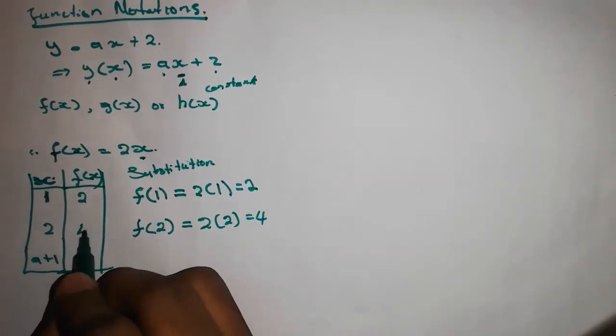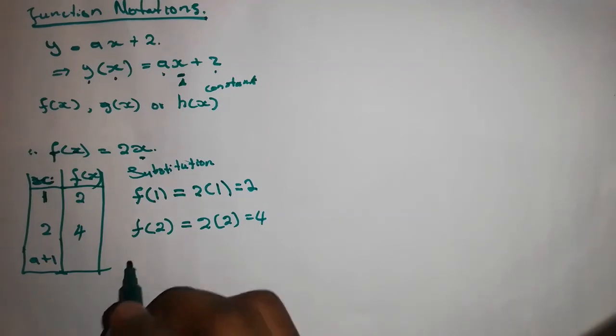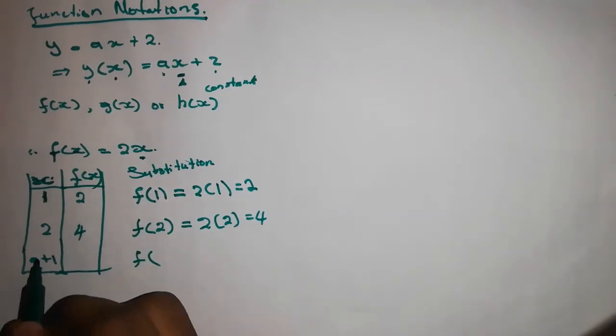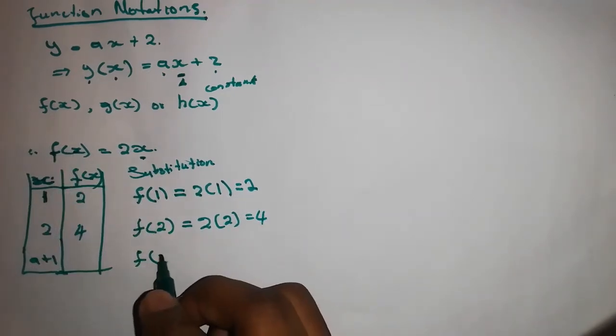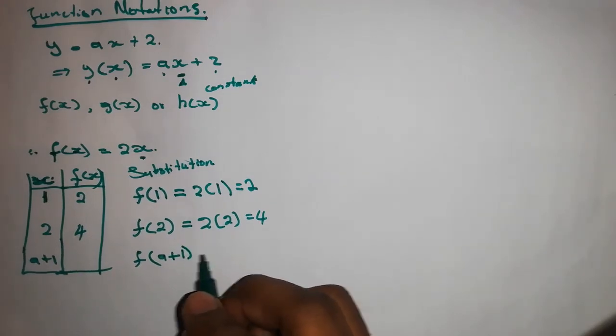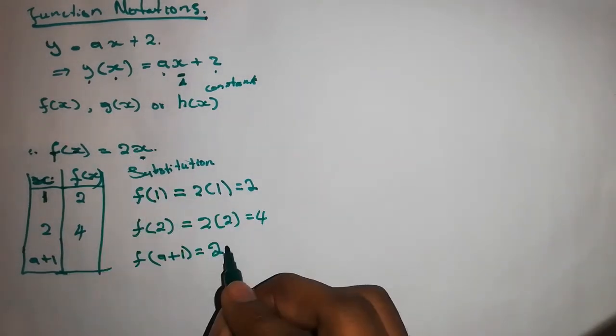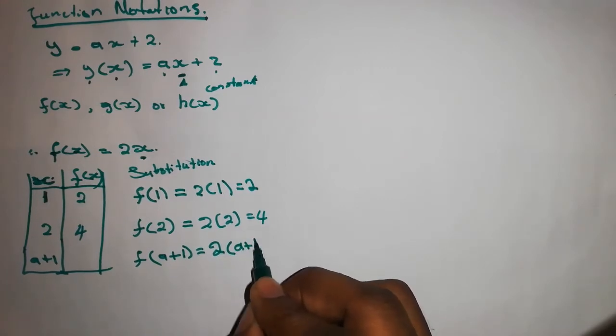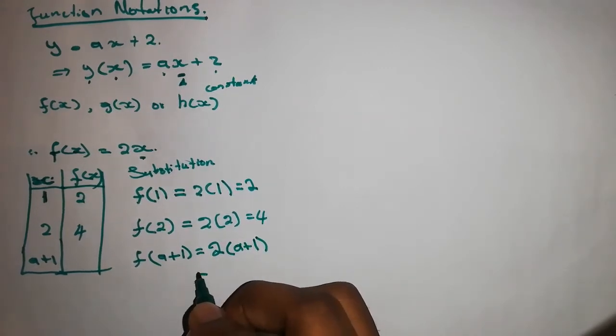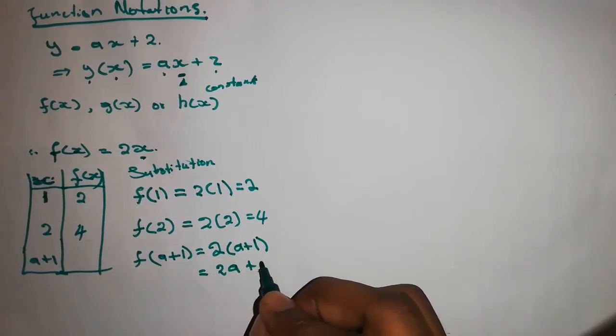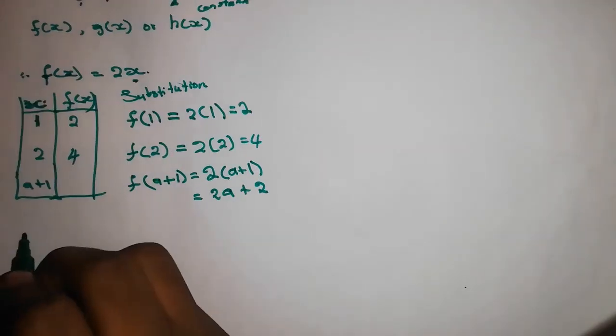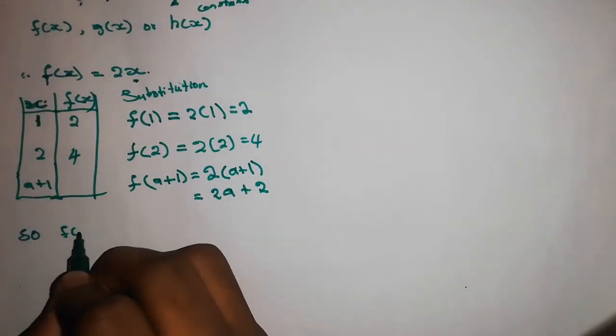And if x is 2, you say f of 2 instead of f of x. Replace x by 2, you'll get 2 times 2 is equal to 4. But then what if x is a plus 1? Again, you substitute. F of a plus 1 is equal to 2 times a plus 1, which is equal to 2a plus 2.